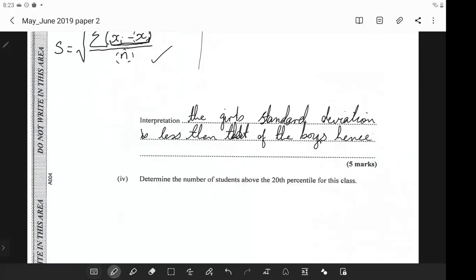Hence, the boys' data is a lot more spread than the girls'.